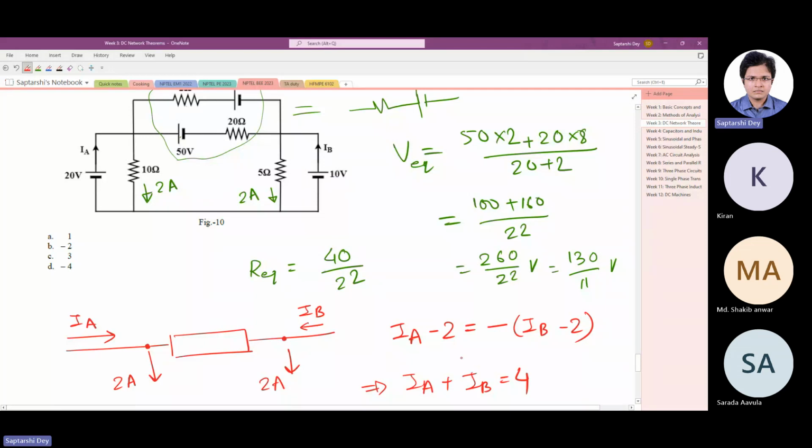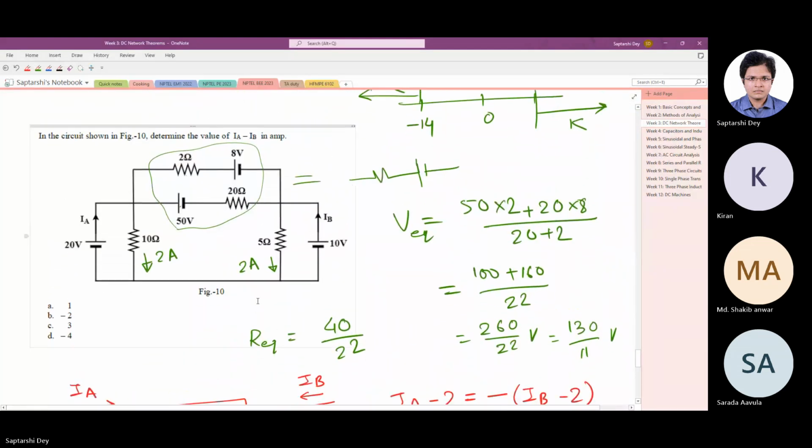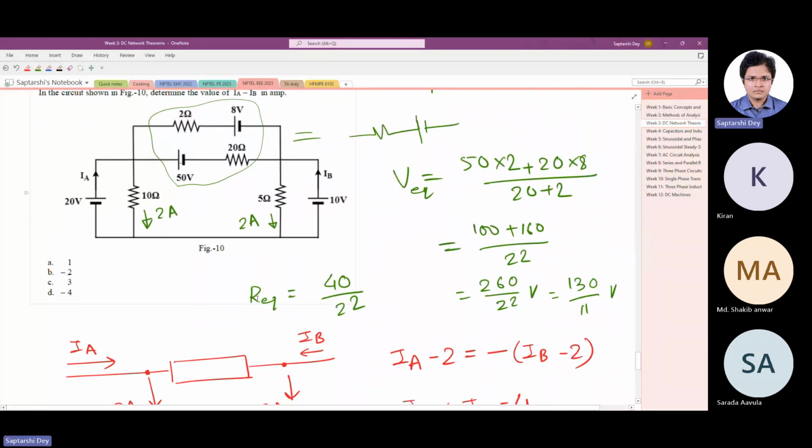So IA minus 2 should be minus of IB minus 2. Yes. What I have written is correct, right? Oh, I thought I can solve this without solving the circuit. Now I have to solve the circuit.